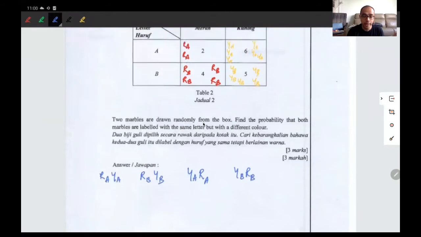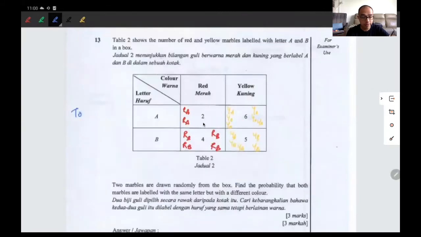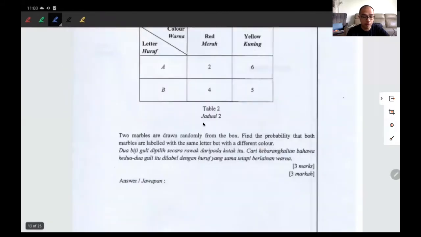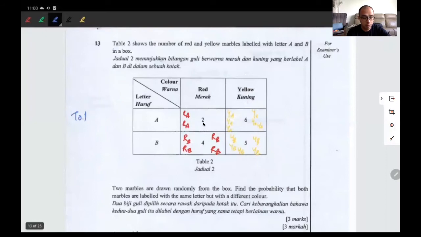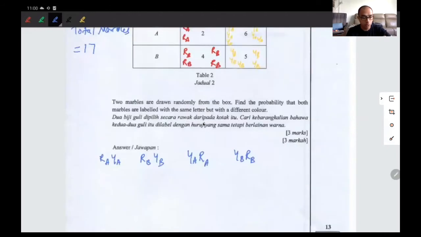Okay, so red A. Let's see the total number of marbles. So total marbles is 2 plus 6 plus 4 plus 5. 2 plus 6 plus 4 plus 5. My brain is not working. 17. Okay, so red A will be 2 over 17 times yellow A will be 6 over 16.